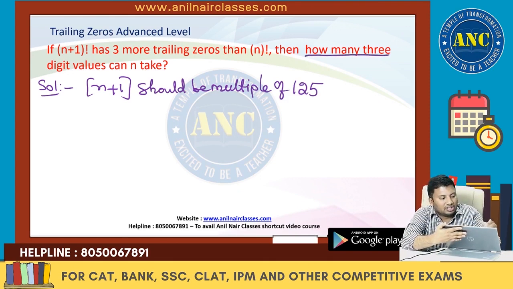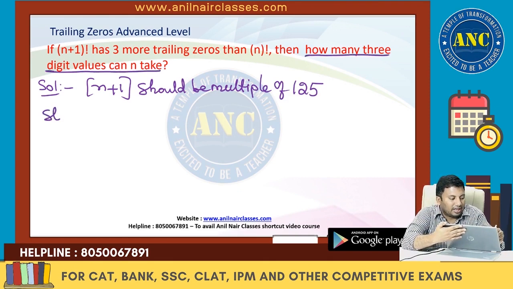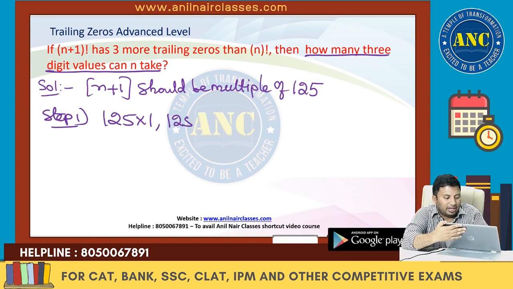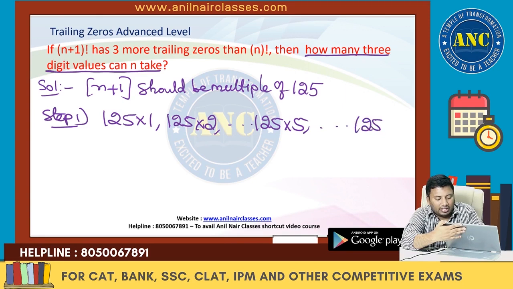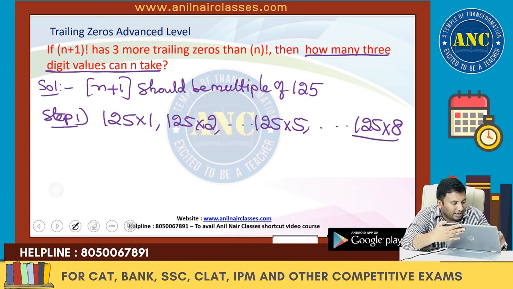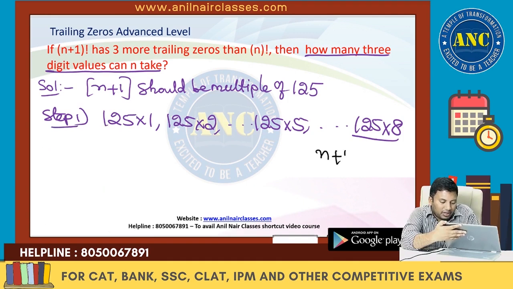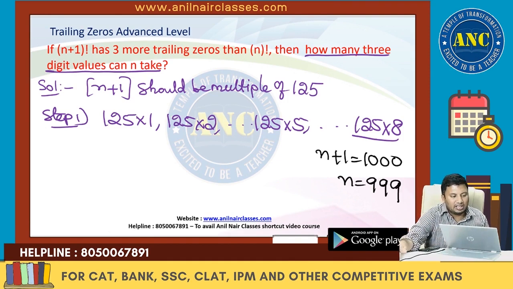How many 3-digit values can n take? This can be 125 into 1, 125 into 2, up to 125 into 8. You can also take 125 into 8. Why? Because if n plus 1 is 1000, n value will become 999. 999 is a 3-digit number n can take.